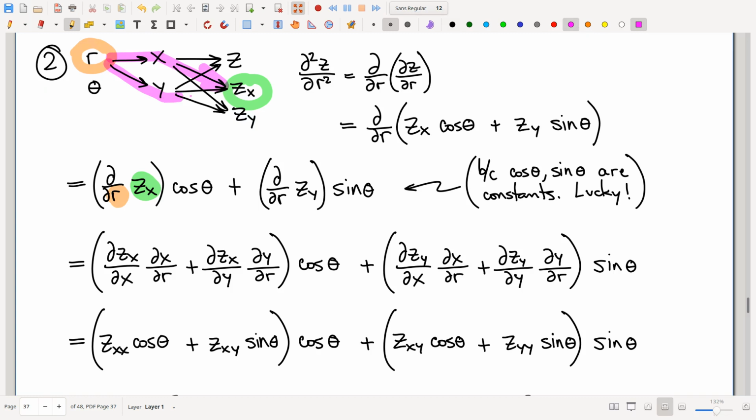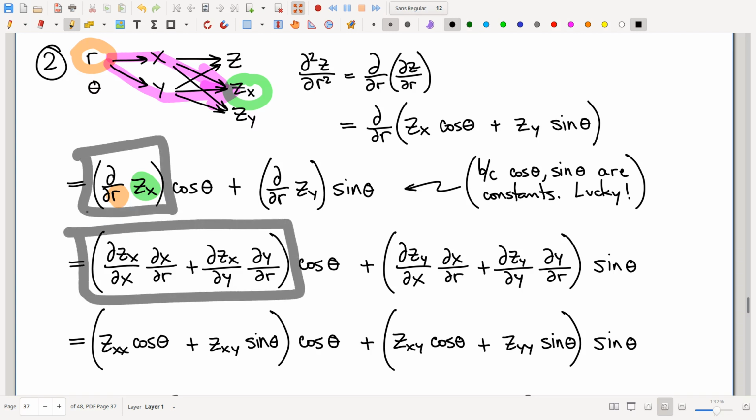There are two intermediate variables, x and y. And so this partial derivative that I'm interested in has two terms corresponding to the two intermediate variables.